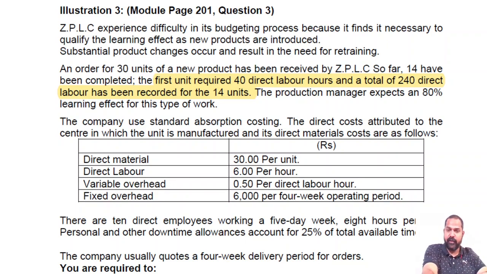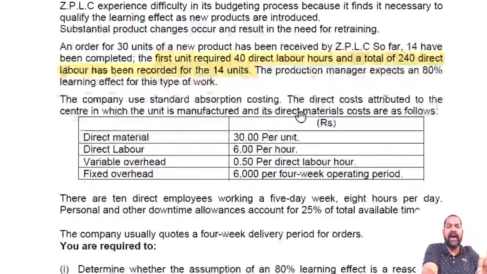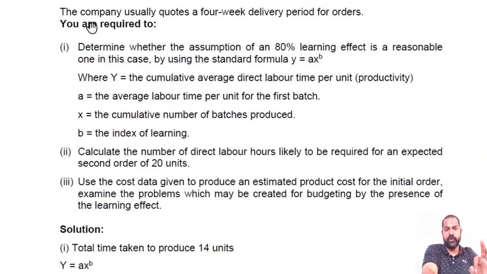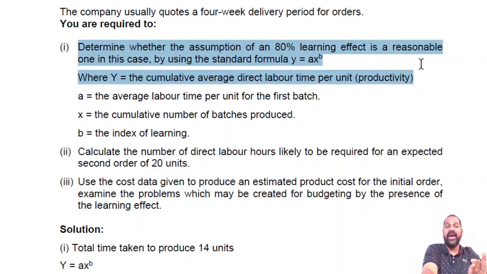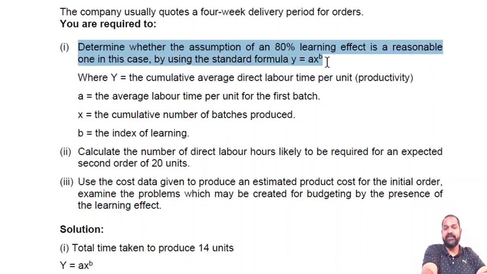Stop right there and directly come to the first question: determine whether the assumption of 80% learning is a reasonable one. So what are they saying? They are saying the manager is expecting the learning to be 80%. My question is, is the learning 80%? Or in other words, I have to prove that the learning is 80%.